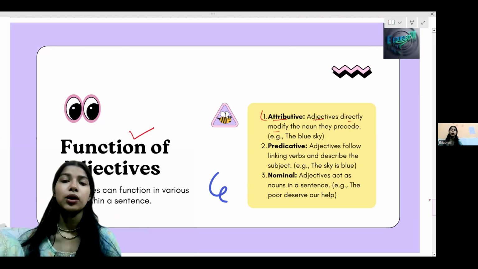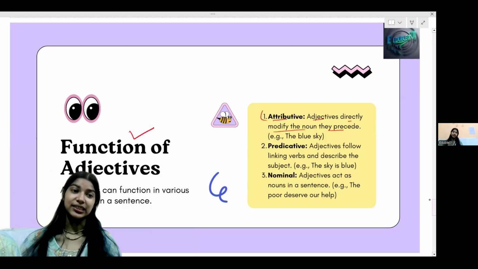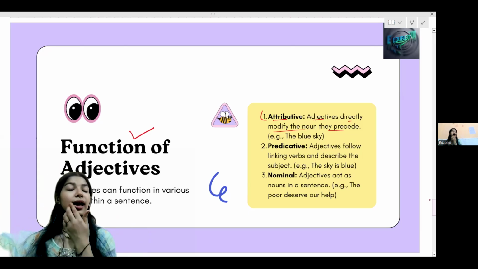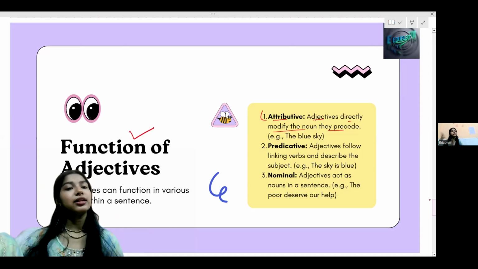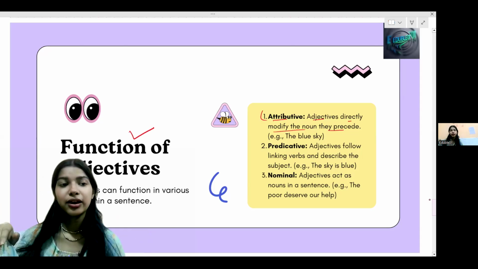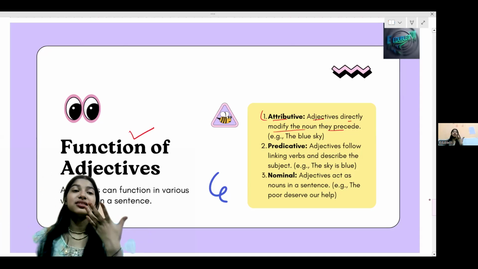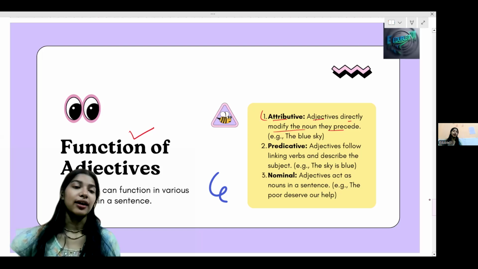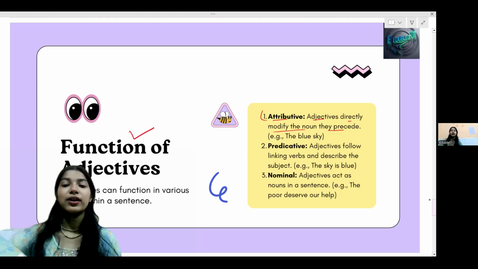Adjectives directly modify the noun they precede. Basically, the attributive type is they directly modify. Directly means they don't need any companion or any helping word. They just modify the preceding noun, just like the blue sky.